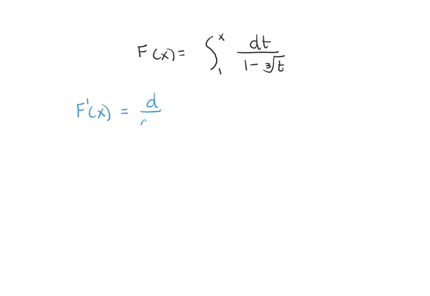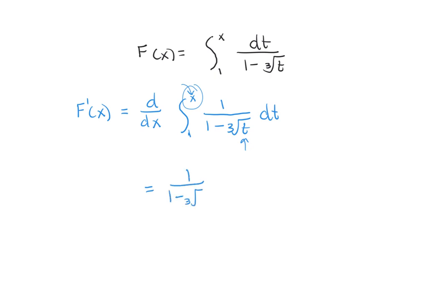I'm taking the derivative of the integral, and I can rewrite this as 1 over 1 minus the cube root of t dt. Now it's just a matter of plugging this into the variable and then taking the derivative of what you plug in. So it equals 1 over 1 minus the cube root of x, and the derivative of x is just 1. So that's our final answer right there.